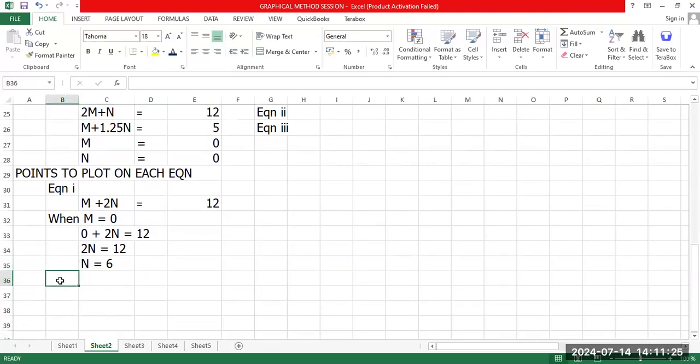So based on this, you have points to plot. Here, the points you have. It doesn't matter that one student can decide to put m on the vertical axis, and another student can decide to put m on the horizontal axis. But maintain what you have done.